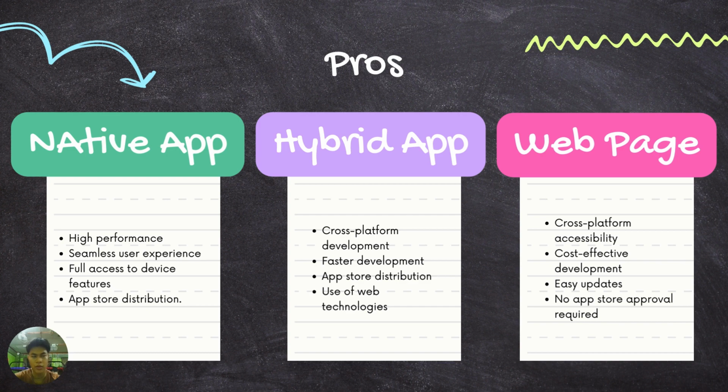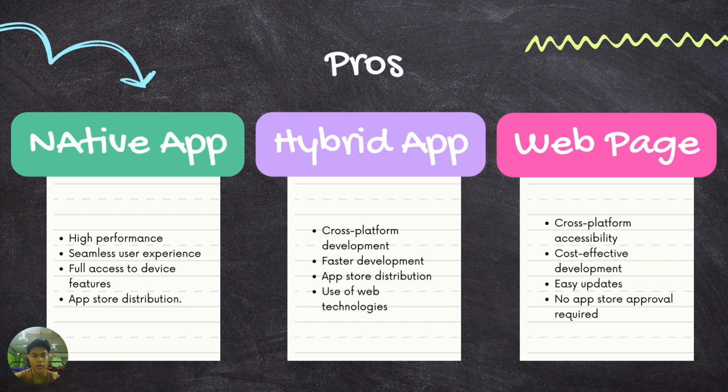And the pros of a web page is cross-platform accessibility, meaning that it can be accessed from various devices like a mobile phone, a laptop, or a computer, or any devices that can have access to the internet.